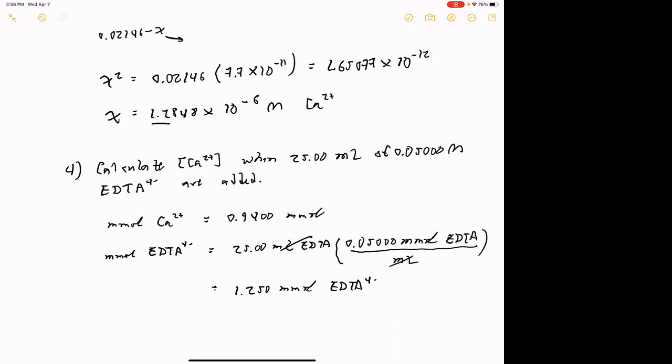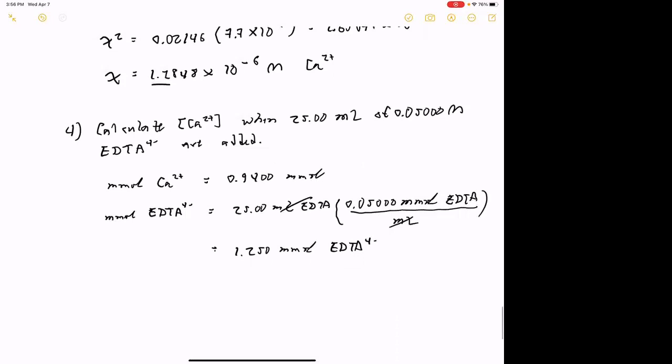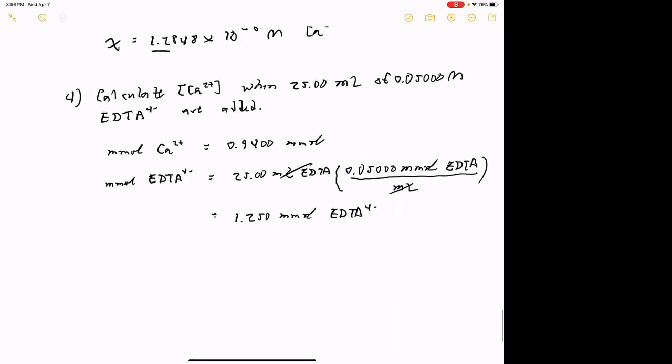All right, so now let's do an ICF table again, because again, the calcium ion that's there has to react with the EDTA 4 minus that's there. So calcium 2 plus and EDTA 4 minus go 100% because I've got a big K, and I'll make my calcium EDTA again.